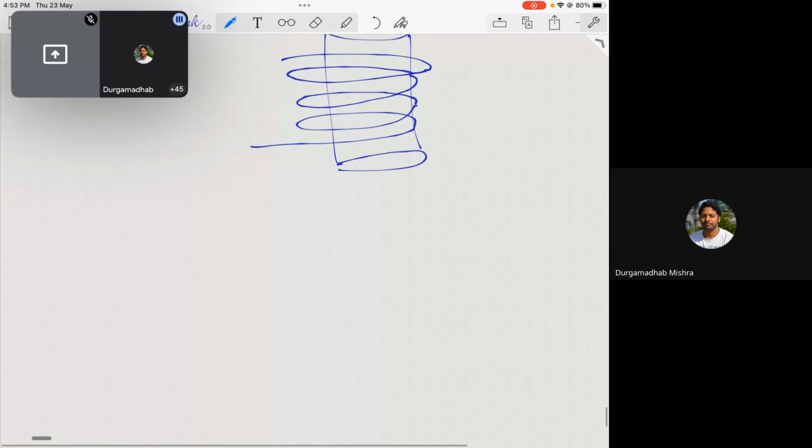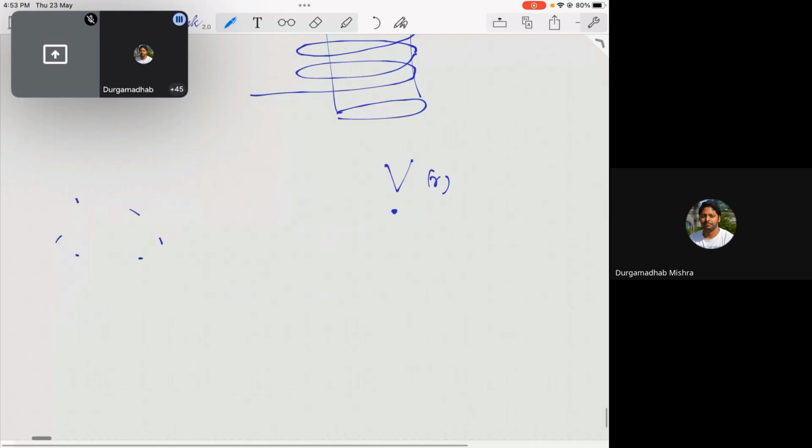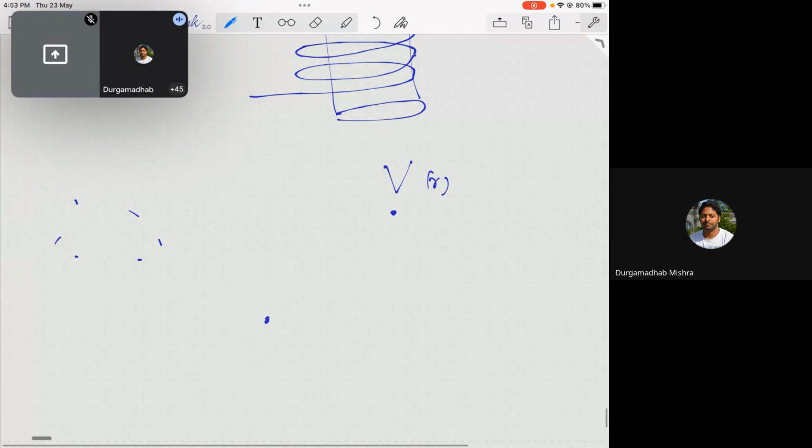Let's say I have a certain charge distribution and I want to calculate the potential at this point P. I have taken a reference here, O, and now I am calculating the potential V with respect to this reference point O.